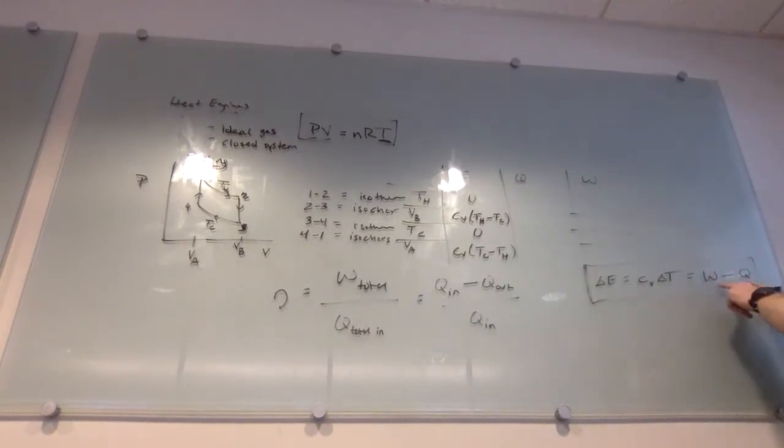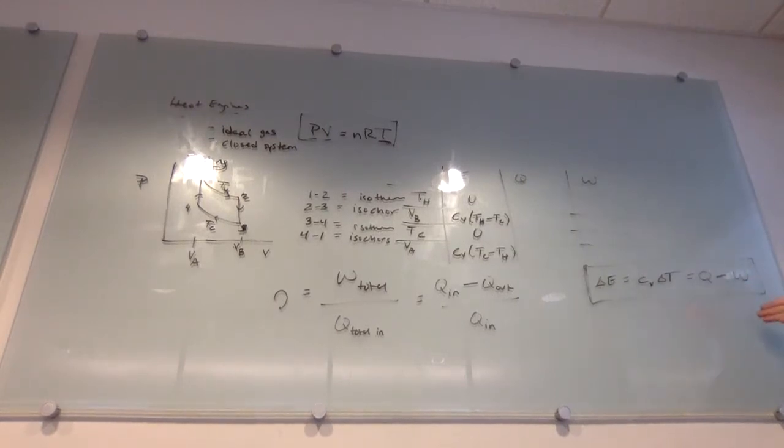It's just really annoying because according to the first, oh wait, sorry, I wrote this backwards. It's Q minus W, because W, again, is the work done. Now, as I say every time, the signs are very important, but only if you know what these mean.